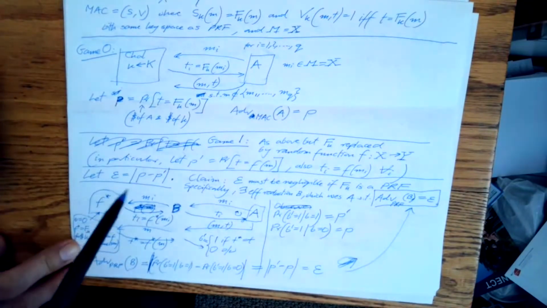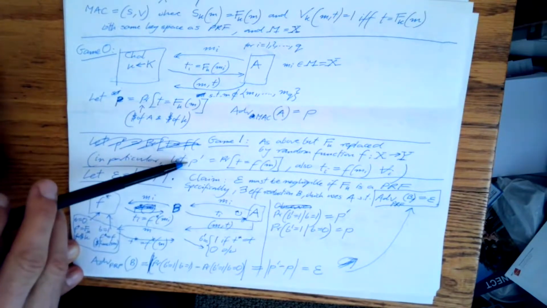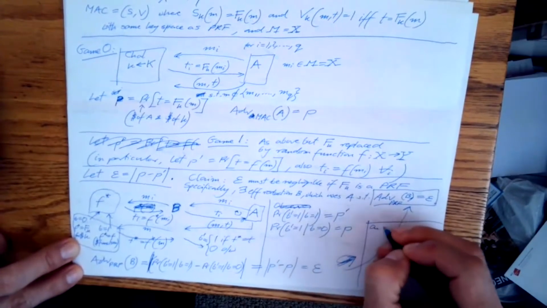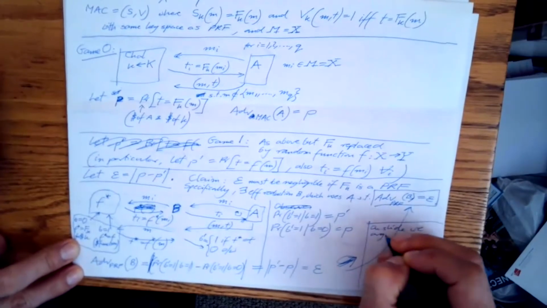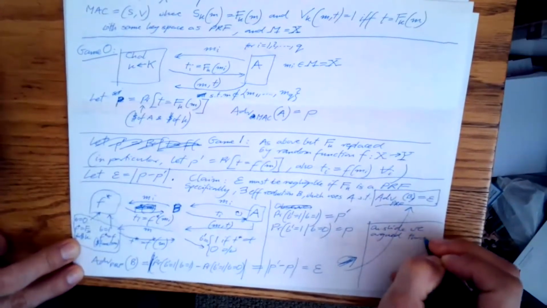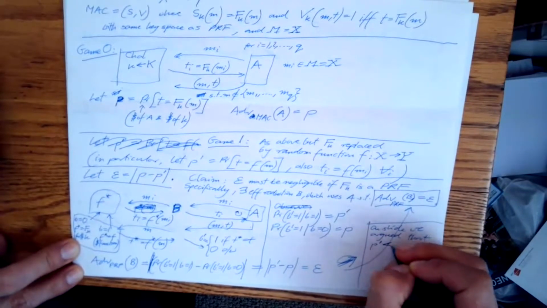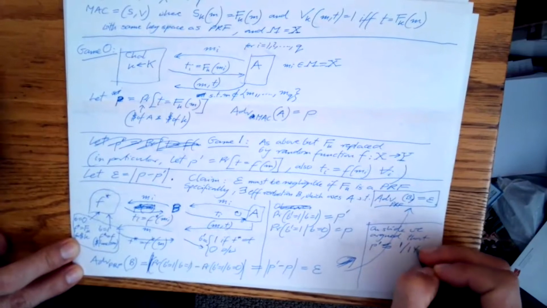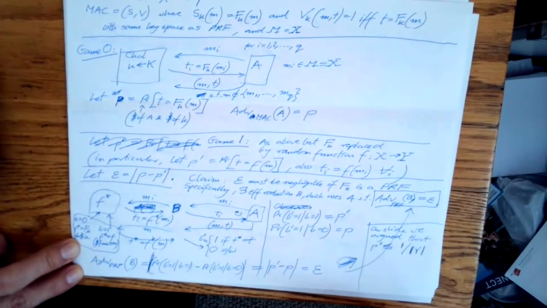On the slide, what I had was an argument for why P prime. So on the slide, we argued that P prime is upper bounded by simply guessing in the range of the function, right?